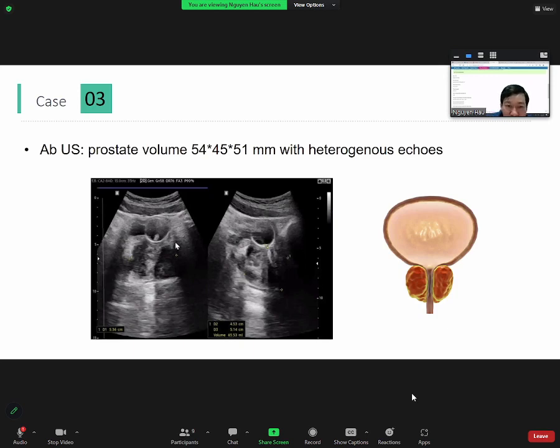Abdominal ultrasound shows the prostate volume is much larger than normal, more than 50 millimeters, with heterogeneous echo. I think in many emergency departments, doctors don't usually examine the patient like this.